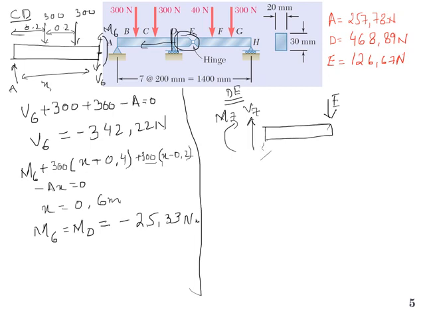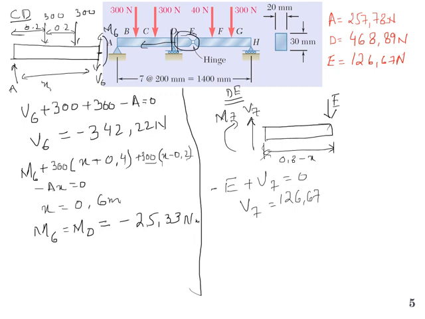So sum of forces, and this distance will be nothing but L minus X, or for this segment the length is 0.8 minus X, since we are taking the section from right to left. So E plus V7 is equal to 0, and V7 will be, not minus E, because the upward direction is positive, so V7 will be positive, that is 126.67.